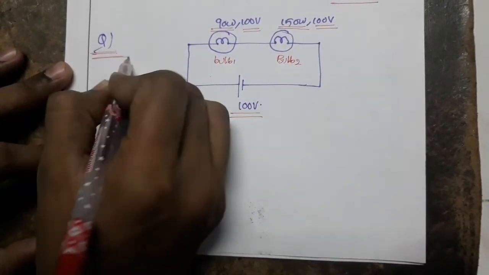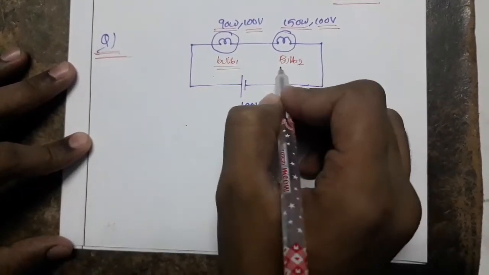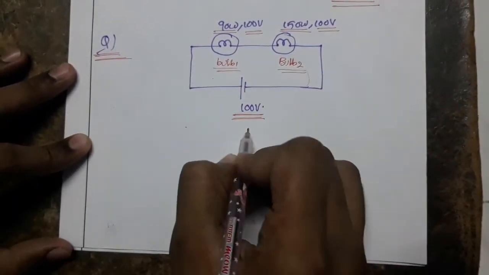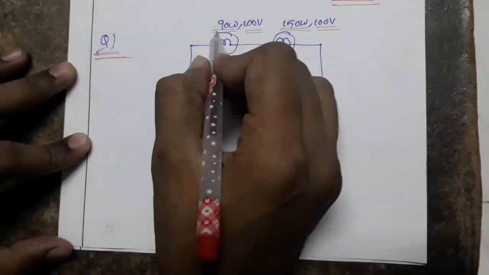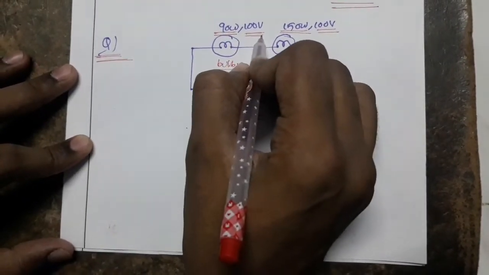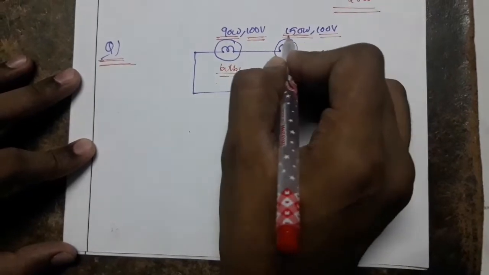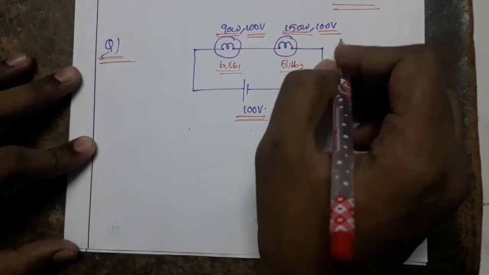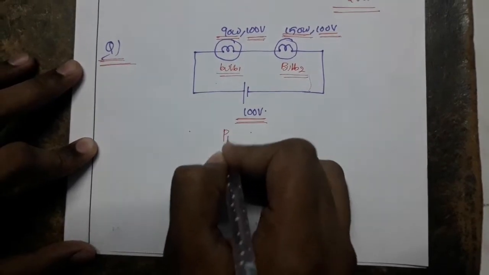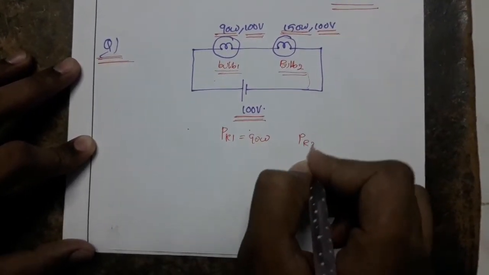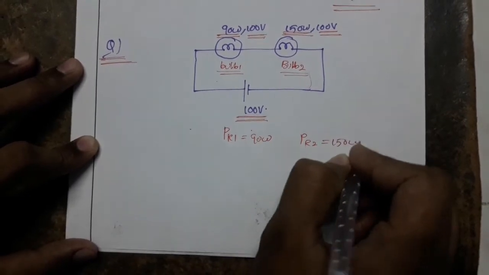Friends, for this question, this is bulb 1 and this is bulb 2. Two bulbs are connected in series with a supply of 100 volts. Bulb 1 has a power rating of 90 watts and a voltage rating of 100 volts. Bulb 2 has a power rating of 150 watts and a voltage rating of 100 volts. Therefore, PR1 equals 90 watts and PR2 equals 150 watts.